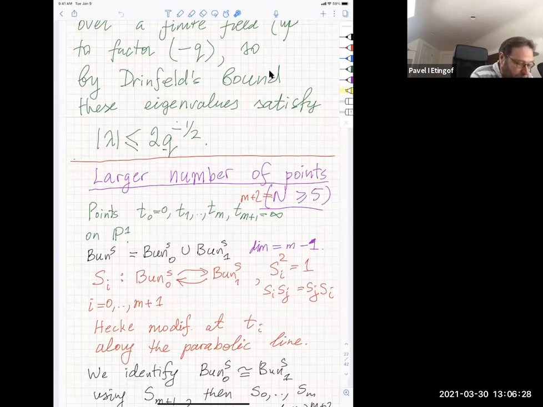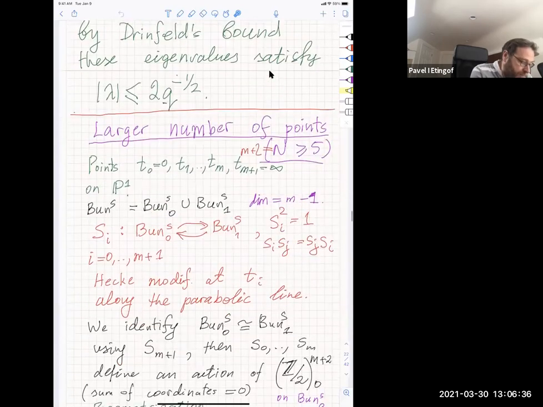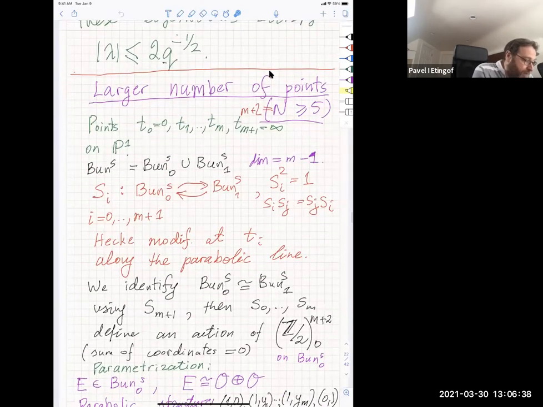S_i squared is 1, and they also commute. So there are m plus 2 of them. So we can use one of them, S_infinity, the one that corresponds to S_{m+1}, corresponding to infinity, to identify these 2 varieties. And then the other ones become automorphisms of a single component.